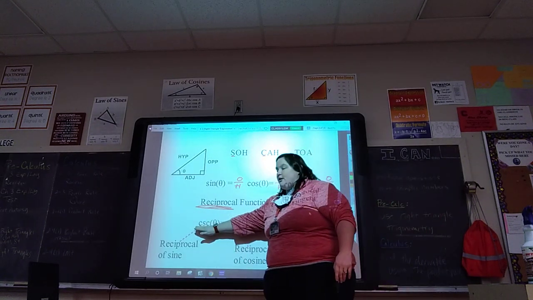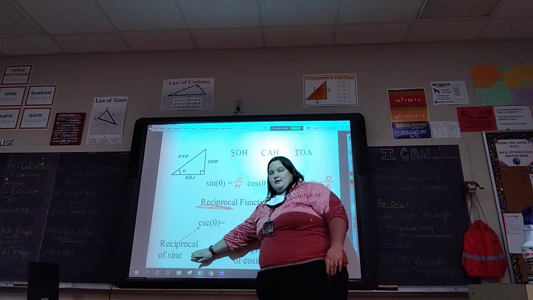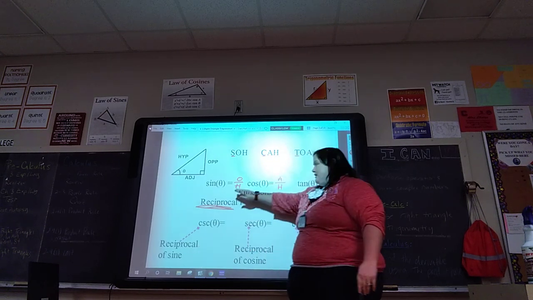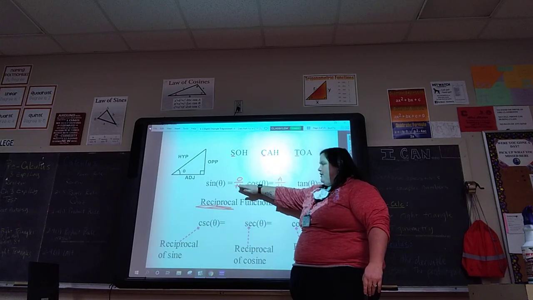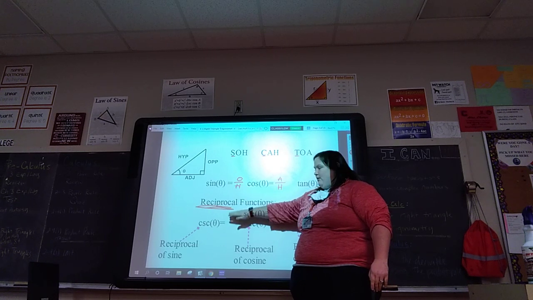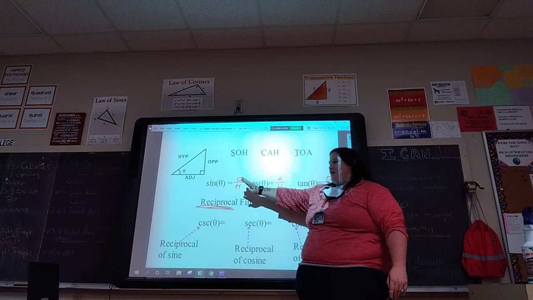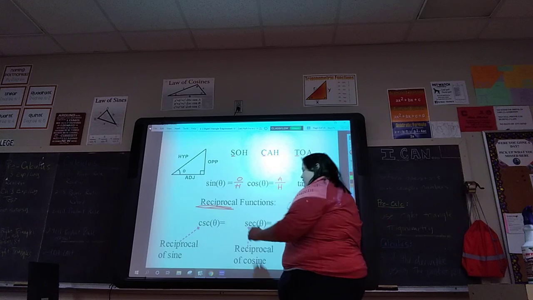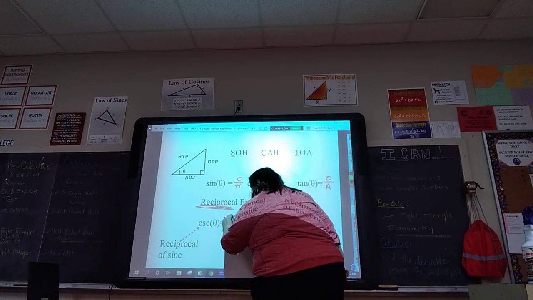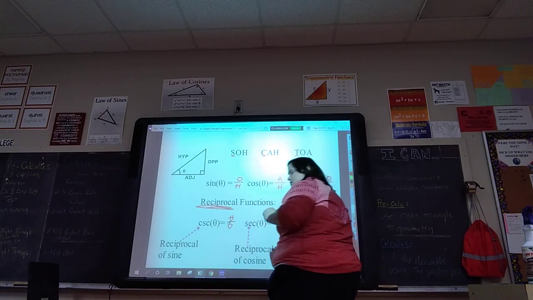This is cosecant. It is the reciprocal of sine. So since sine is opposite over hypotenuse, what would the reciprocal of that be? Yep, h over o. So cosecant is hypotenuse over opposite.